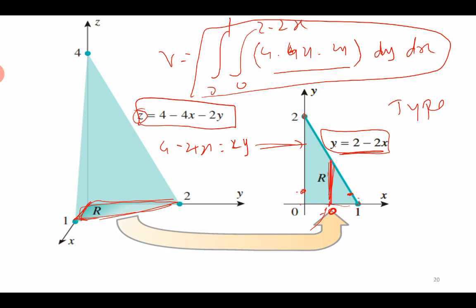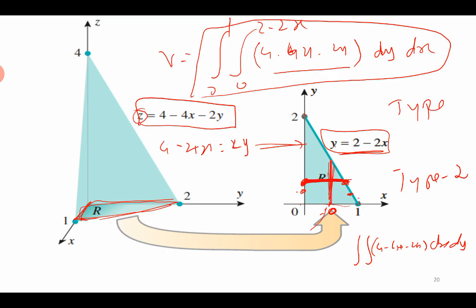The same region can be interpreted as a type 2 region. Type 2, how do you find it? When you are looking for type 2, you should take a horizontal line. The double integral of the same f, 4 minus 4x minus 2y, dx dy, is now. Now x should be in terms of y. So this line will give you the limits of x.